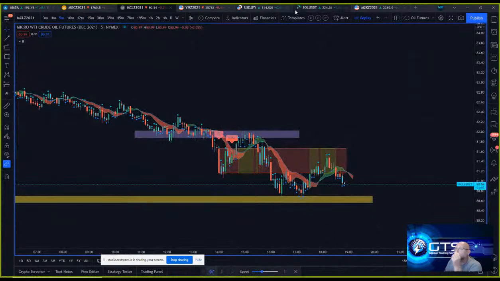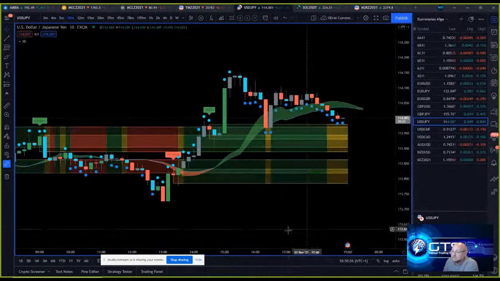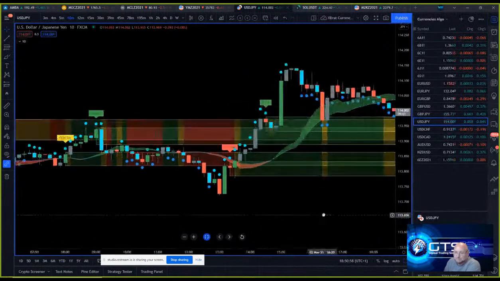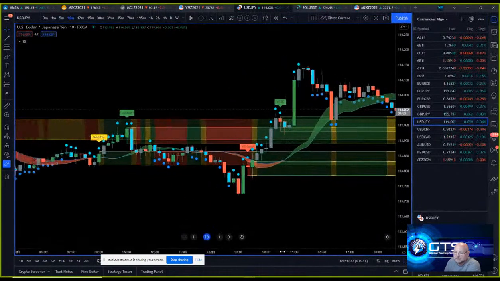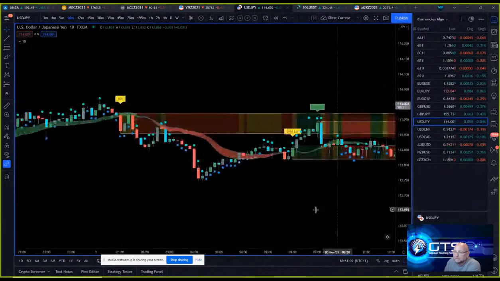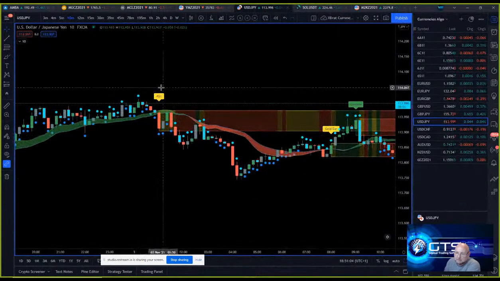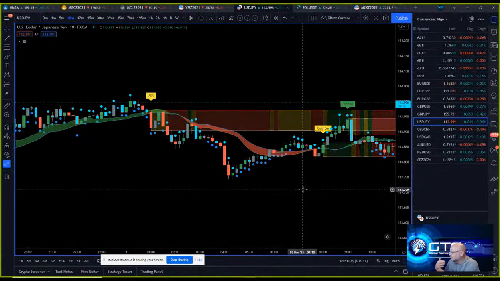Gold, oil. Now we look at currencies. Okay, so this is US dollar, Japanese yen. We can look at the Australian Stock Exchange. George, I haven't really tested it on crypto because you've got to have an opening range.